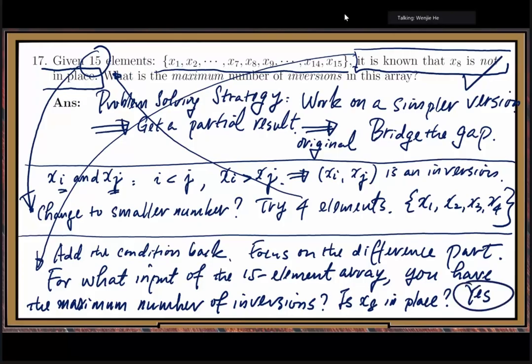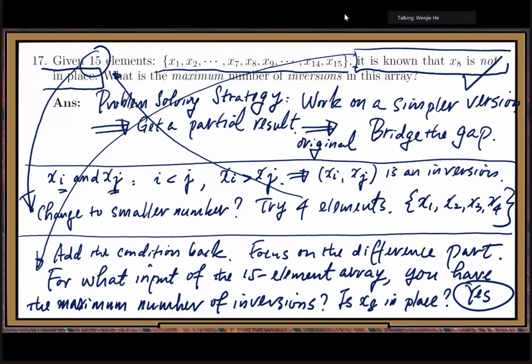If it is in place, then you need to move it out of place. You need to change the location of x8. But when you make the move, make sure you reduce the number of inversions by the minimum, because our goal is to get the maximum number of inversions.